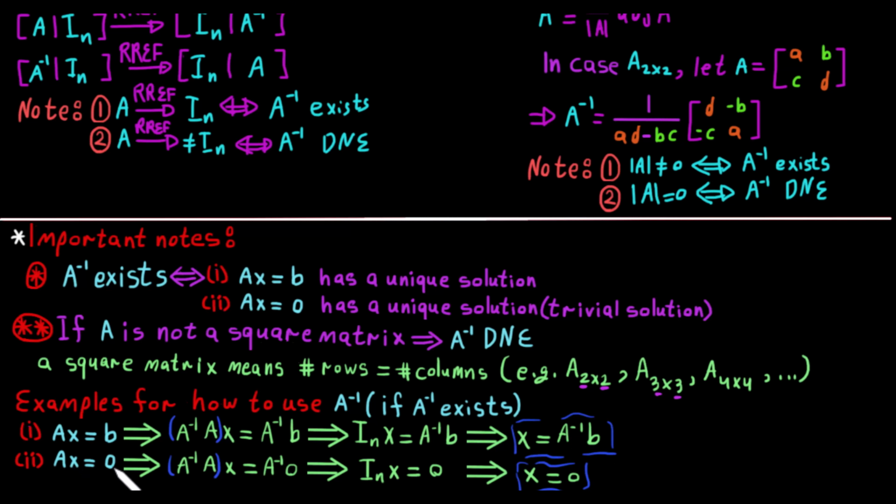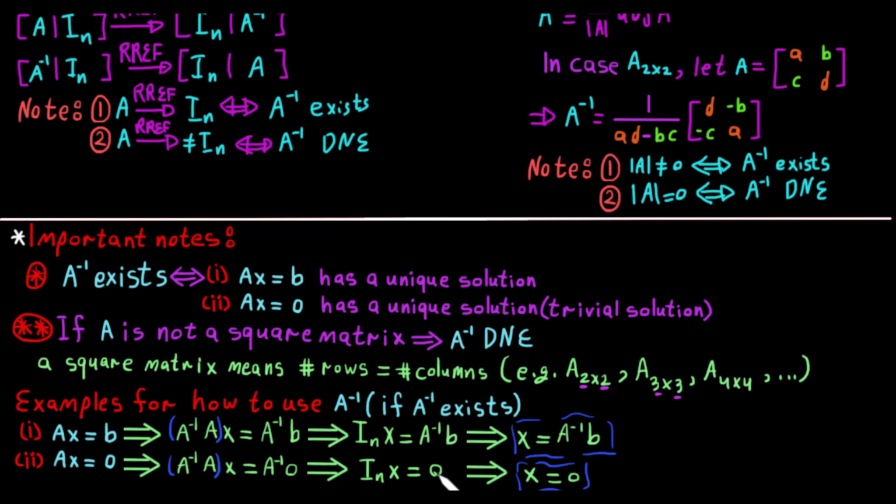If you have a homogeneous system like here, AX equals 0, the same as here, you multiply from the left for both sides by A inverse. And you know, here it's not a scalar, it means not a number. It's a zero vector. Here it represents a zero vector. And you know that a zero vector multiplied by a matrix will be 0.